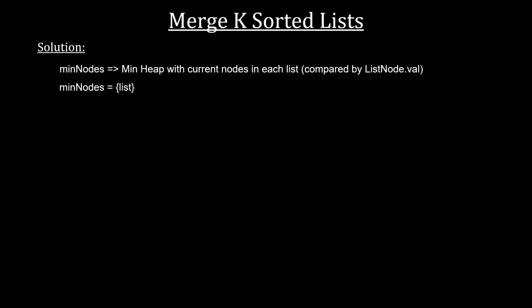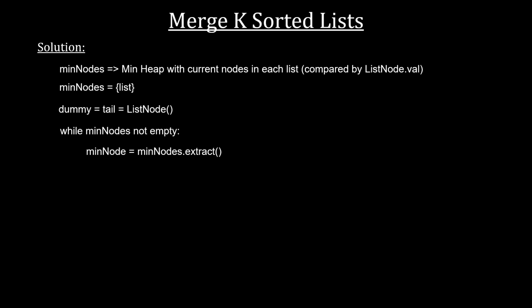We will first initialize it with all the elements of list, so the head node for each of the k lists. Then we create the empty dummy node and initialize tail with it. And now, for as long as min nodes is not empty, we will extract the smallest node from the min heap, so we get its value and also remove it from the heap.